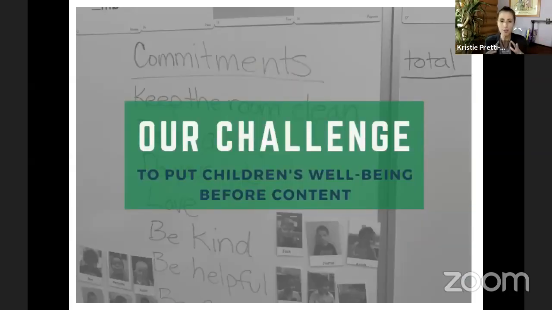To ground us as we get started, I just want folks to think about what this invitation or challenge says. It says that our challenge as early educators, as revolutionaries, is to put children's well-being before the content. We're going to dive into lots of lesson plans and how to teach multiple things in the same activity.